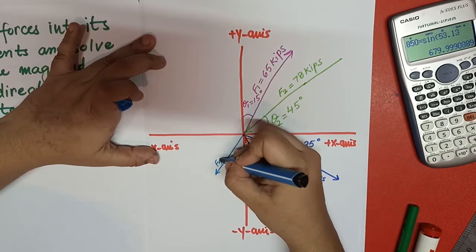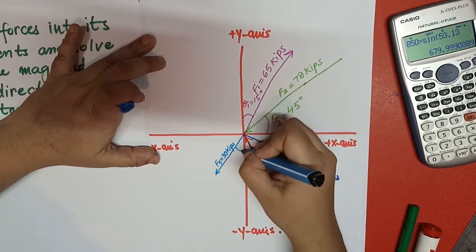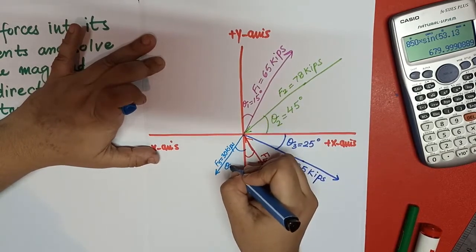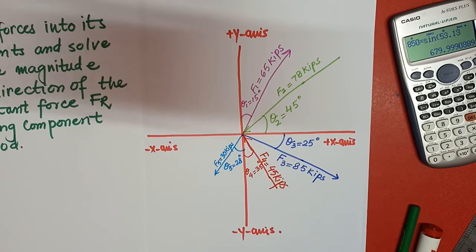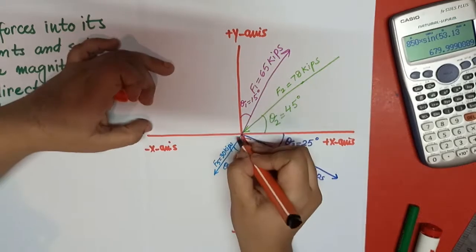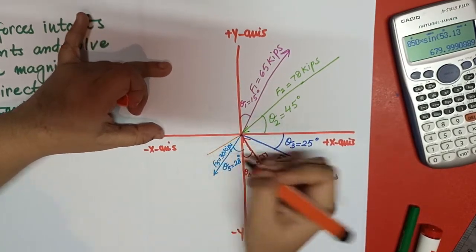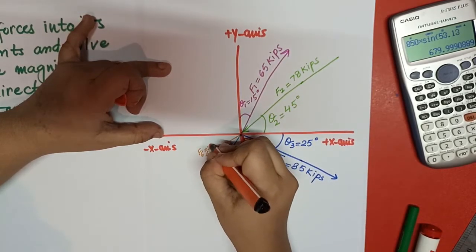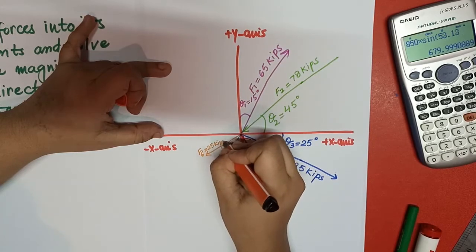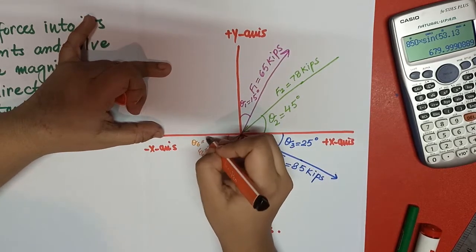So F5 equals 30 kips, theta 5 equals 28 degrees. There is another force, F6, which is again outward, and its size should be smaller than F5 because F6 equals 25 kips, and theta 6 equals 20 degrees.